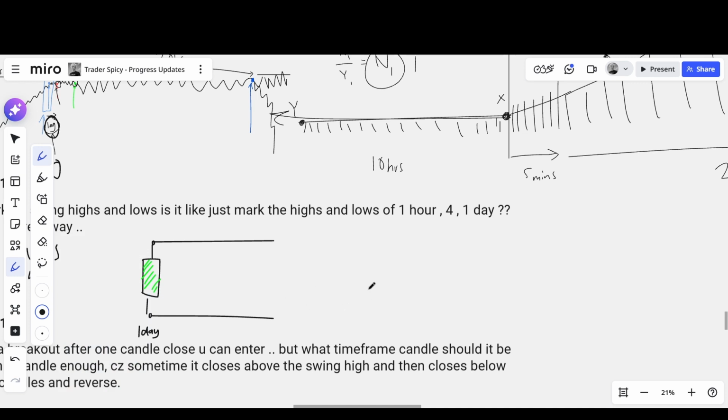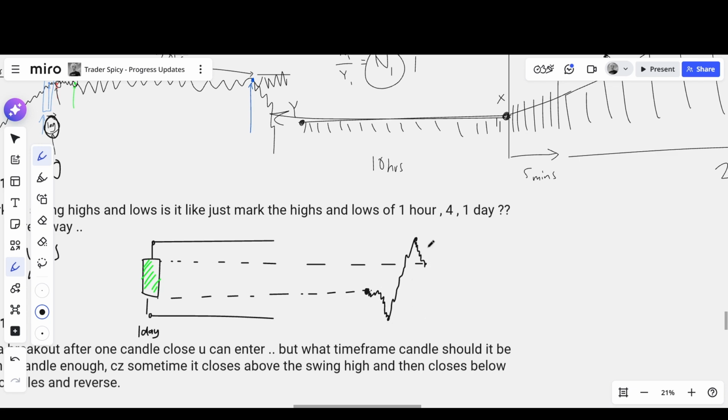So we've got open, low, high, close. I tried to be as straight as possible with drawing these lines. So the day opened, it made a low, it made a high, and then the day closed out somewhere there.